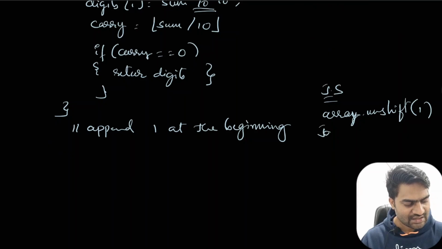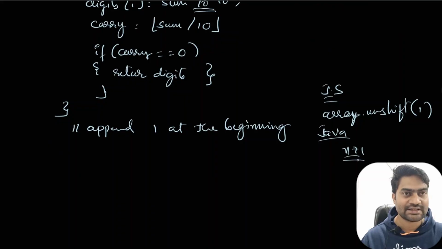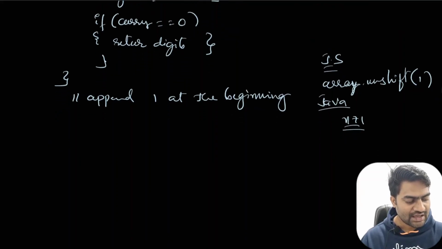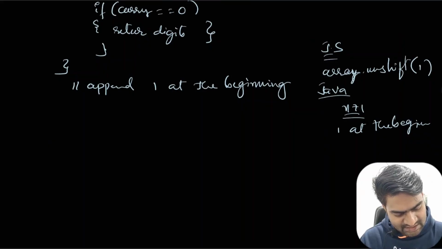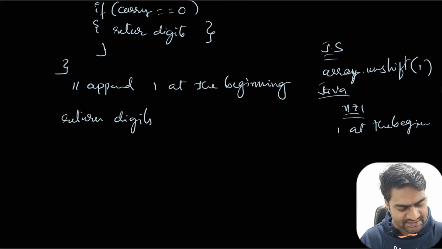In Java, it is a little bit different because we cannot really alter the original size of the array. So we need to simply create a new array with n plus 1 elements, and add 1 at the beginning. We will see that in the code. So append 1 at the beginning, then simply return our digits.